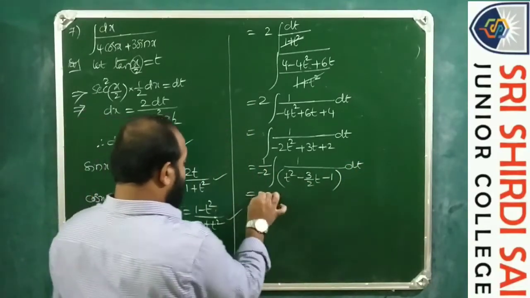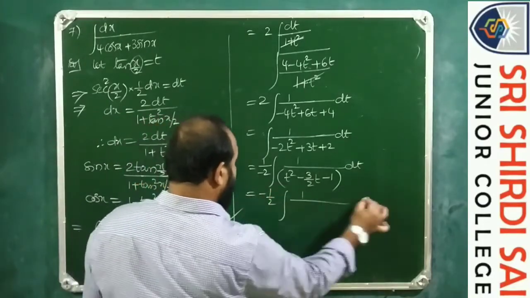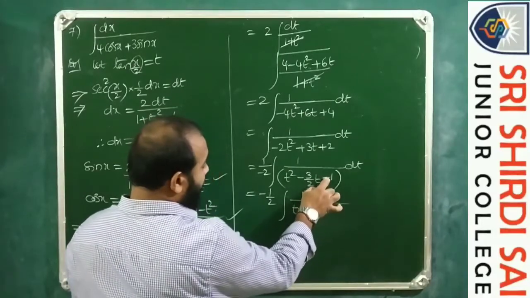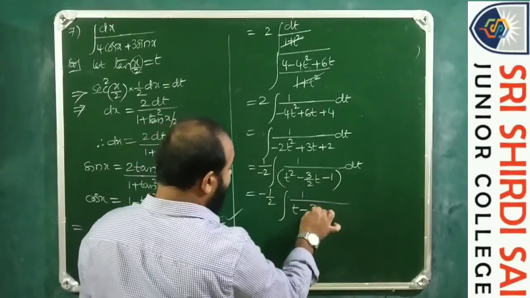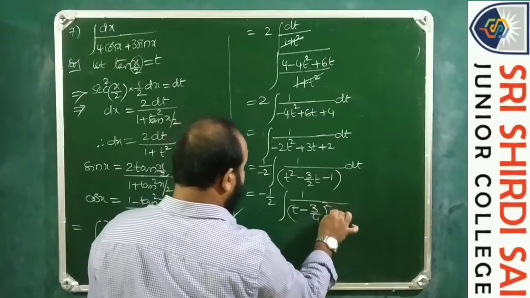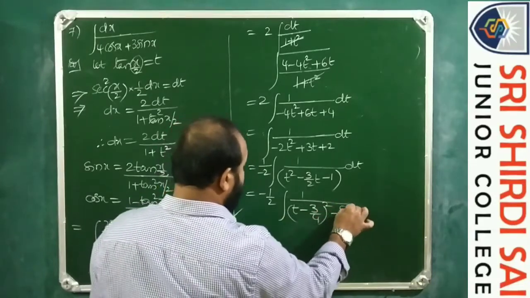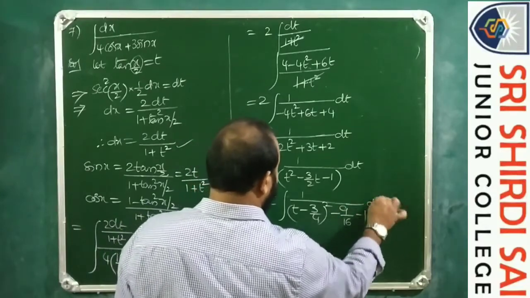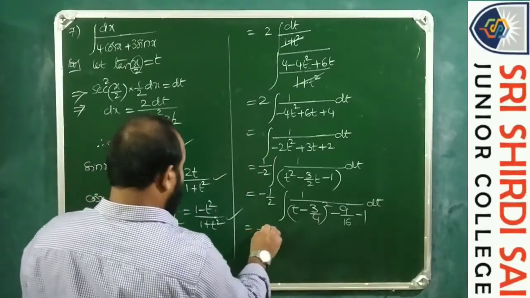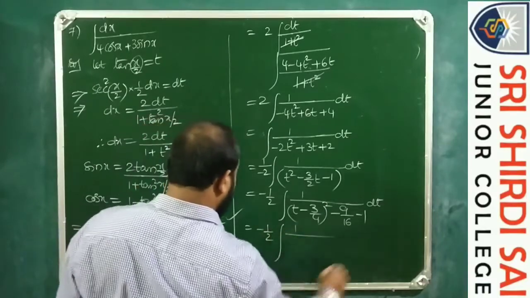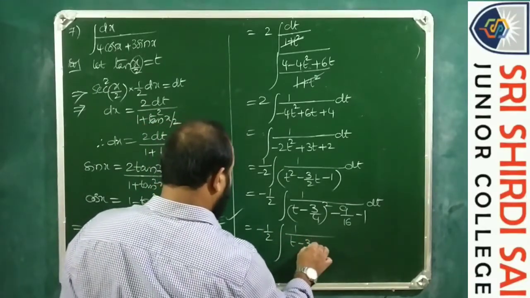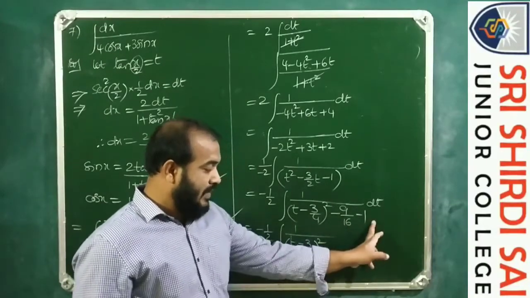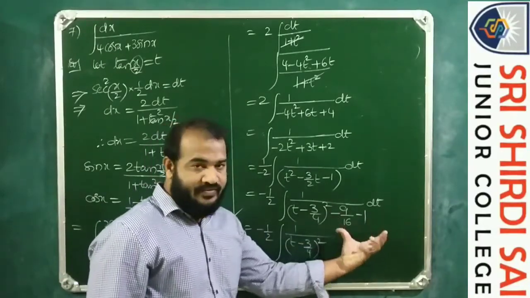This is equals to minus 1 by 2. Now t square, I'll write t minus, t coefficient is 3 by 2, half of it 3 by 4, complete the square, minus 3 by 4 whole square is 9 by 16, minus 1 dt. So this is minus 1 by 2, 1 by t minus 3 by 4 whole square. Here the LCM is 16, minus 16 minus 9, minus 25 by 16.